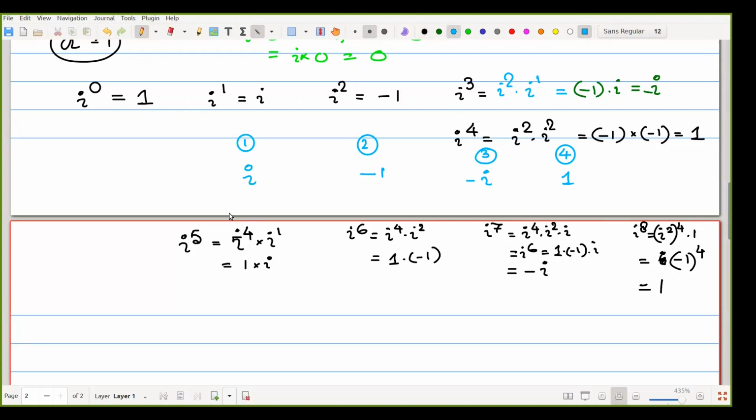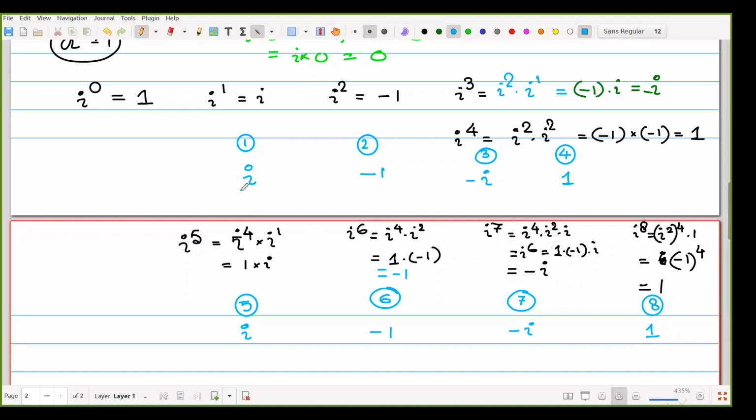So once again, check. When we have power 5, the value is i. When we have power 6, the value is -1. When we have the power 7, the value is -i. When we have the power 8, the value is 1.